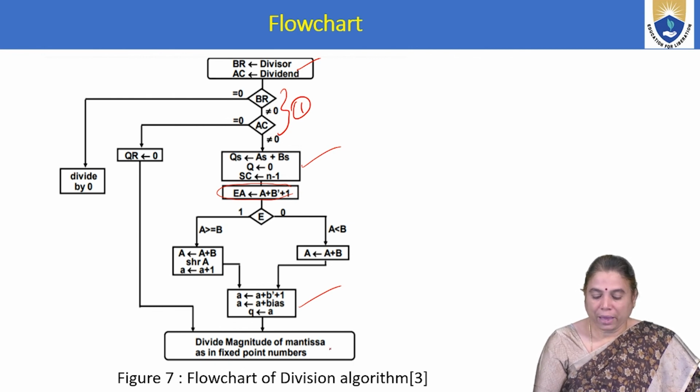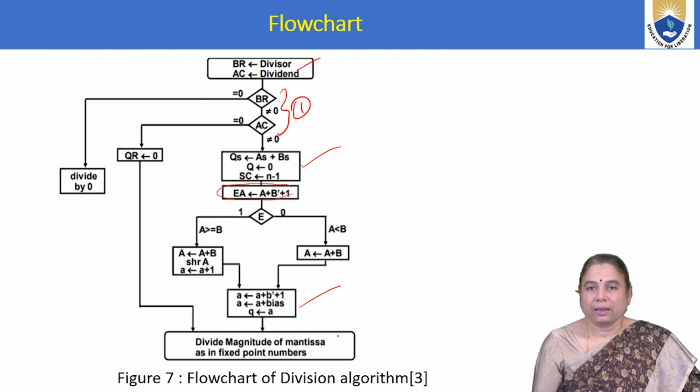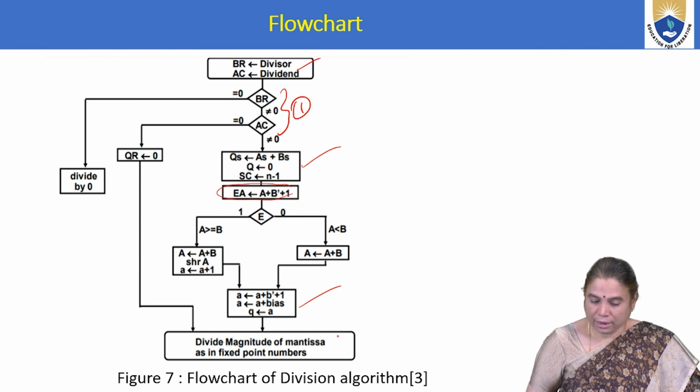Next, divide the magnitude of mantissas as in fixed point numbers. So these are the basic steps during the division.